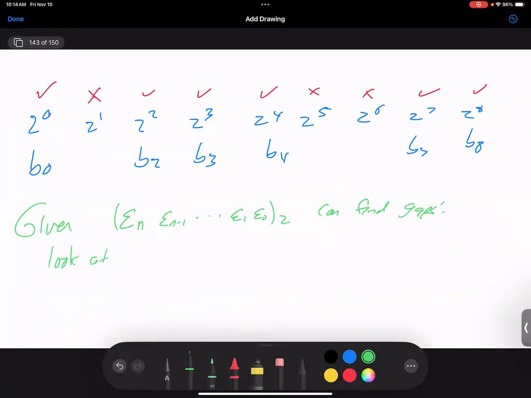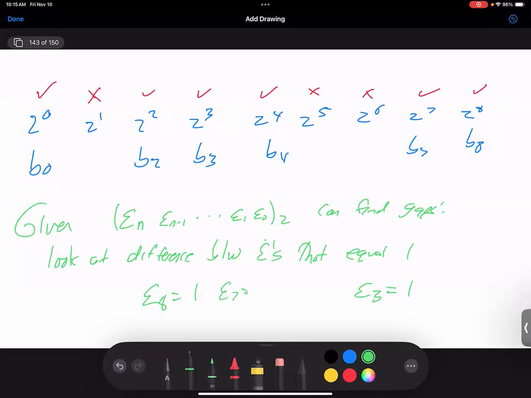Look at differences between epsilons that equal 1. So for example, if I have epsilon 8, which is 1, I have epsilon 3 equals 1, and then epsilon 7 equals epsilon 6 equals epsilon 5 equals epsilon 4 equals 0.